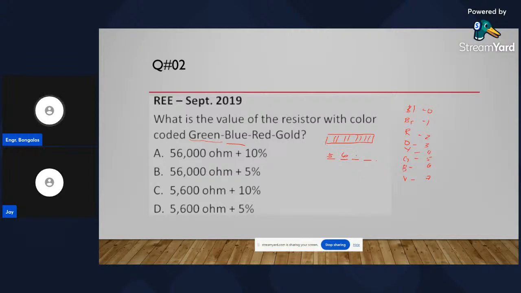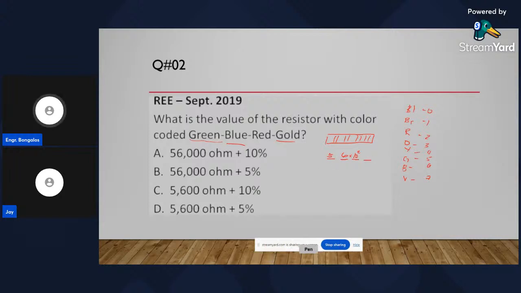So times 10 raised to, ilan nga yung red natin? Red, 2. So raised to 2. Then yung tolerance niya is gold. So 'pag gold, ilan nga yung tolerance natin? Meron tayong plus minus 5%.